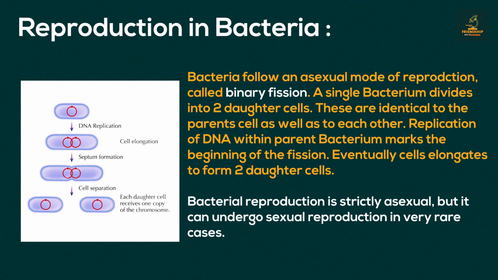However, the rate and timing of reproduction depend upon conditions, temperature and availability of nutrients, whether there is a favorable condition or not. Bacterial reproduction is strictly asexual, but it can undergo sexual reproduction in very rare cases.